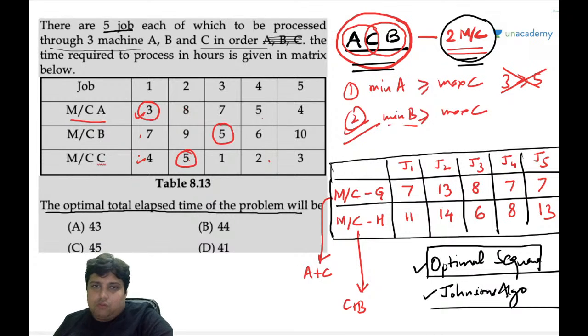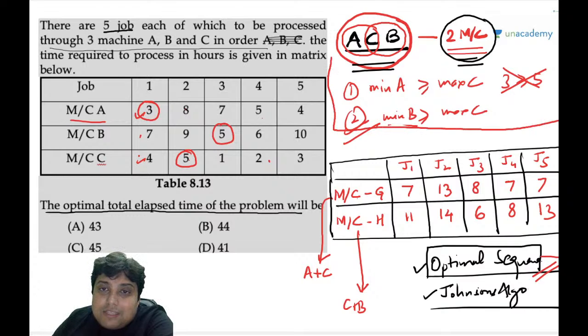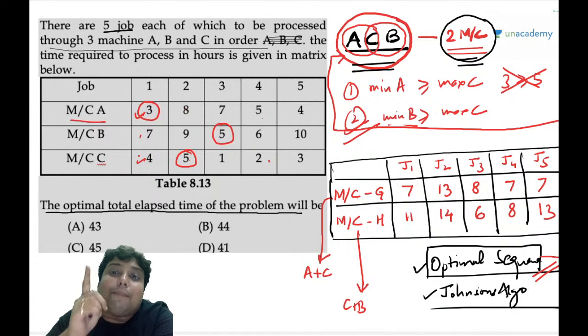Okay. So guys, what I was saying, the conversion of the 3 machine problem into 2 machine problem is only so that we can find an optimal sequence using Johnson's algorithm. Once the optimal sequence is obtained, with the help of this optimal sequence, I will be finding the total elapsed time of the original problem, the 3 machine problem.